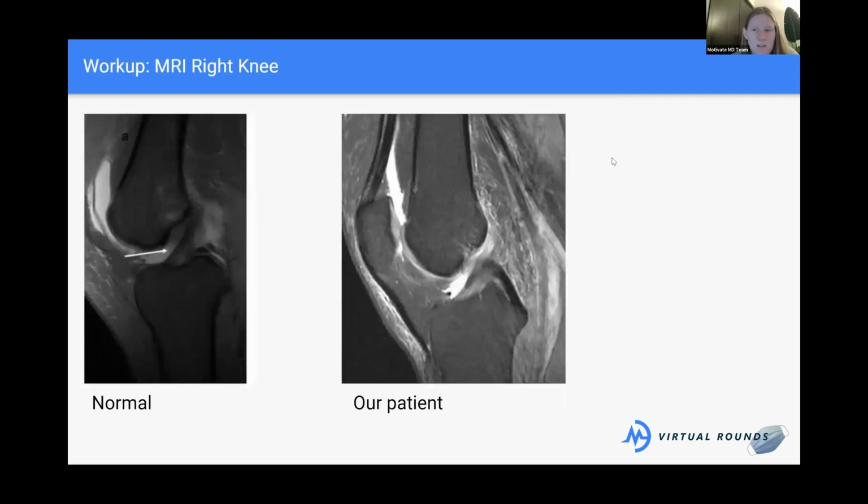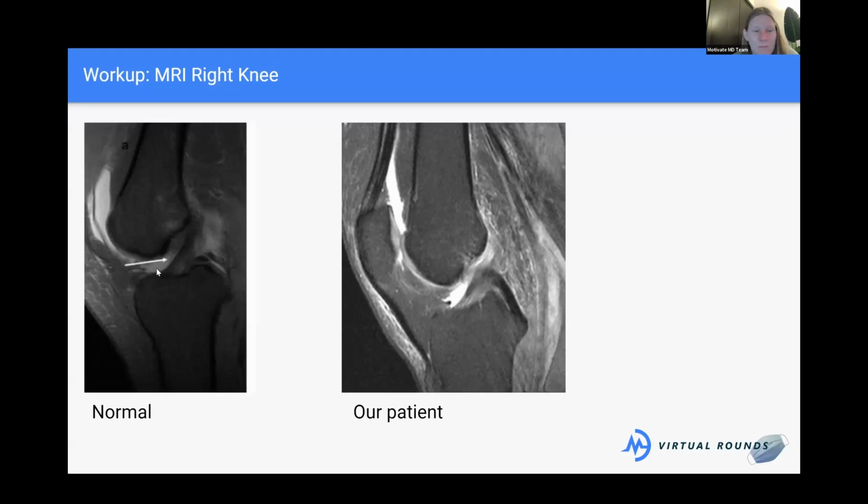So this is just to show you what an MRI might look like. The only anatomy that I want you to worry about right now is the arrow pointing at the ACL. This structure looks kind of like a U, connecting the front and the back of the knee joint. That's normal, and it's supposed to have that nice smooth shape.